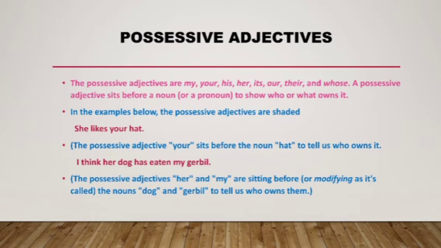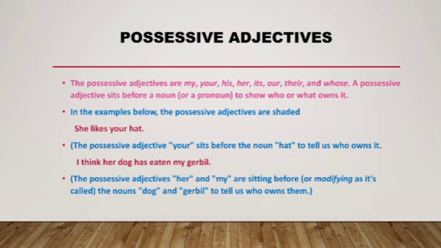So before understanding more, let's know what a possessive adjective is. An adjective that tells whose a thing is, or to whom it belongs, is called a possessive adjective. Words like my, your, his, her, its, our, their, and whose are all possessive adjectives.